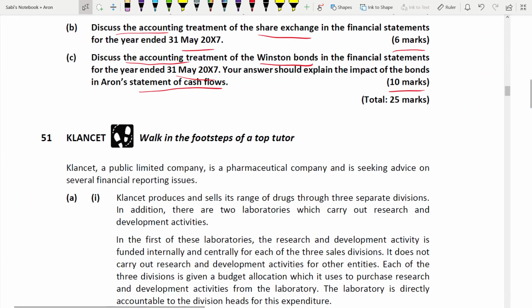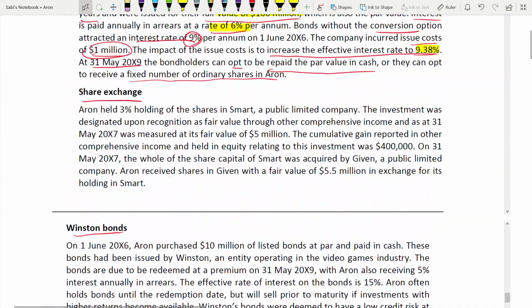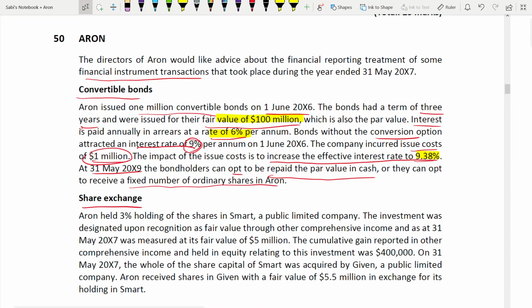There is something which we are missing out. See, this is a little bit tricky. It's not directly this thing, okay? The impact of the issue cost is to increase the effective rate to 9.38%. What is the current rate? 9%.